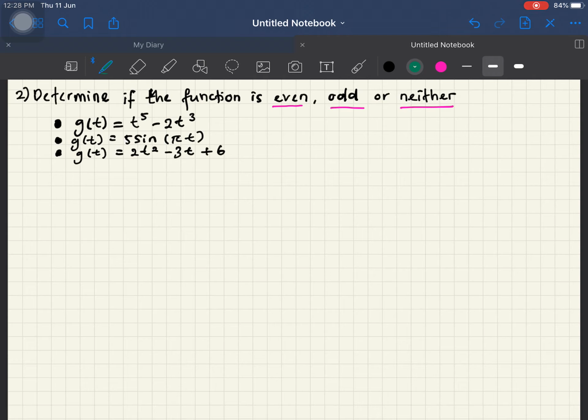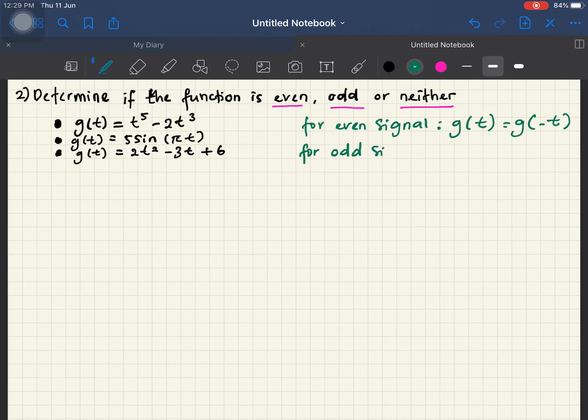If you still remember in our slide, where I discussed even and odd functions, for an even signal you will have g of t equals g of minus t.